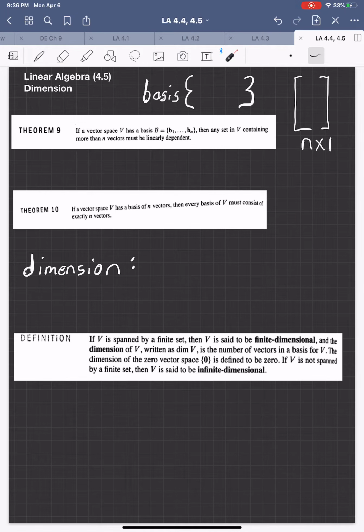Okay, so with that behind us, let's discuss the topic of dimension a little bit. And more importantly, let's see if we can define what we mean when we say dimension. What I have written here, I'll get to the theorem in just a second, but just remember that all vectors can be written as these column vectors, with one column and n rows.